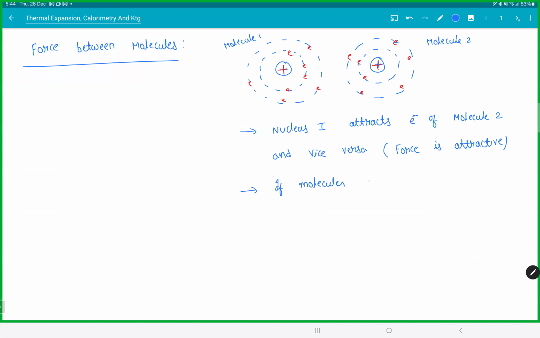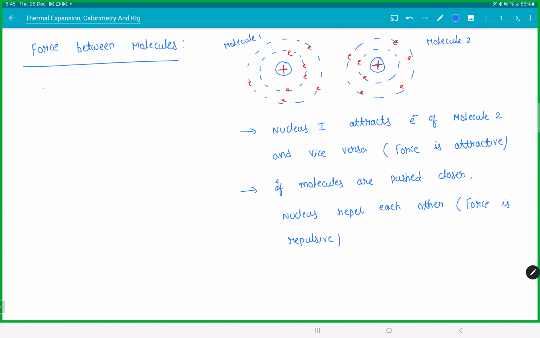But if you keep pushing the molecules closer and closer, at one point the nuclei will start repelling each other. Because both nuclei are positive charge and all the charge is located at one spot, the repulsion becomes quite high. Force is repulsive in nature. That same attractive force suddenly becomes repulsive.